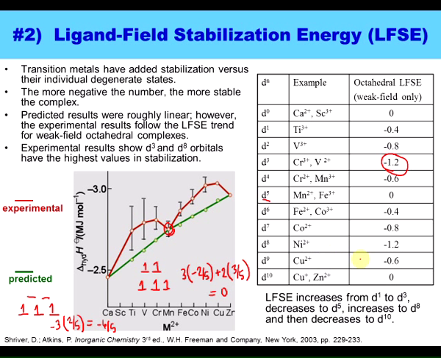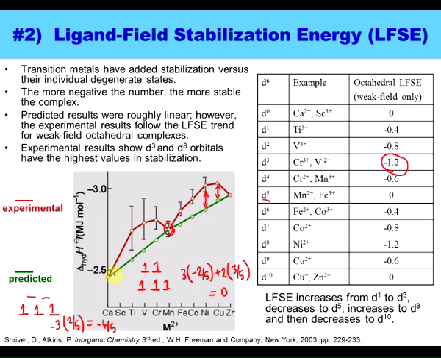So the copper doesn't get as much ligand field stabilization energy as the nickel. So the difference in energy here is smaller than it is here for the nickel. But yet the copper complex is still more stable. And remember, this has to do with the increase in the Z effective.